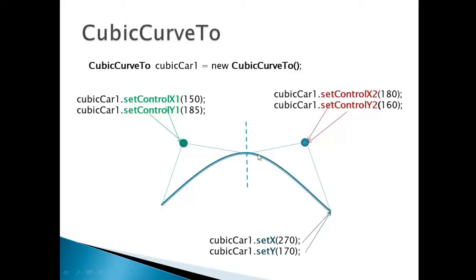line. Okay, and the same thing will happen with the set control x2 and y2. It's the same behavior here. So this way we can control how pronounced the curve will be by setting these control points.